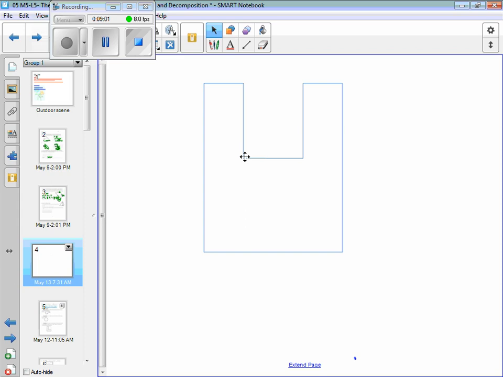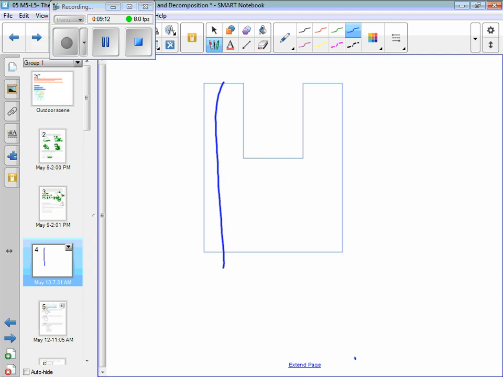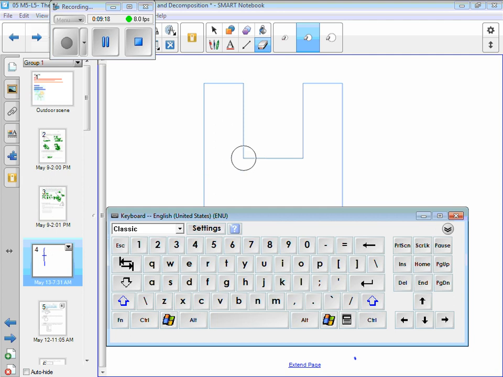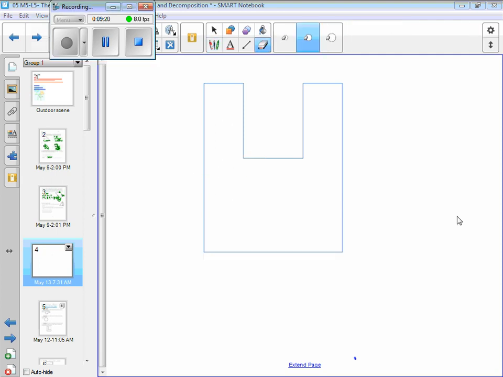Gav, come on up. One horizontal line, one vertical line, and then number your rectangles. Hit that X to get rid of that keyboard.